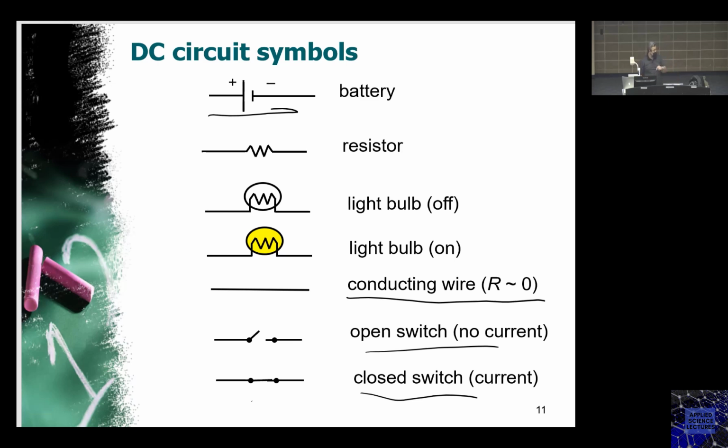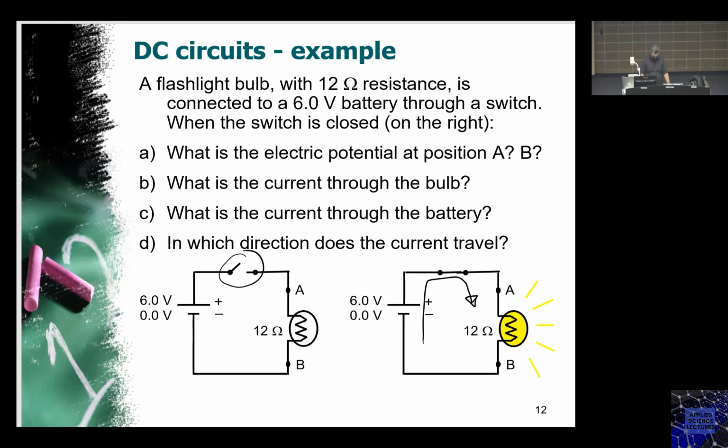So this closed switch is going to act like an ideal wire. If we have an open switch, our circuit is broken and there is no current going into the circuit. If you close the switch, then the current is going to flow in the circuit.